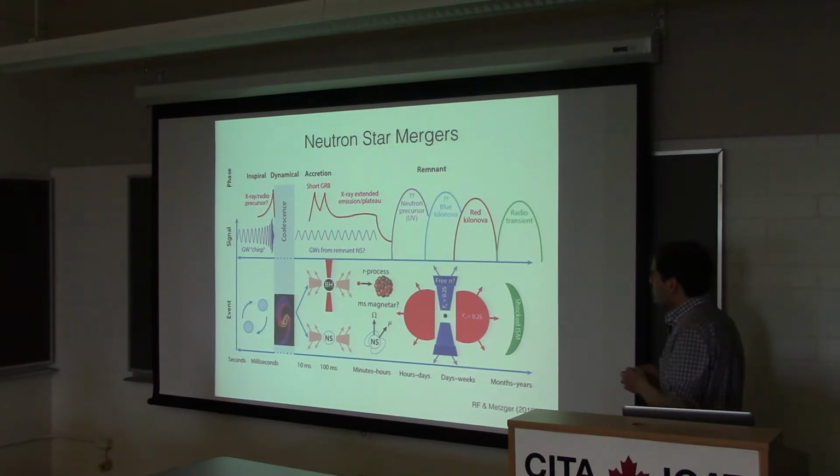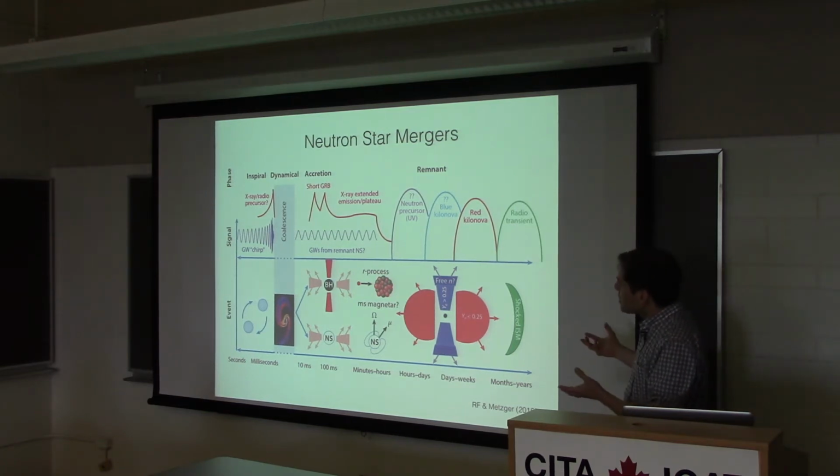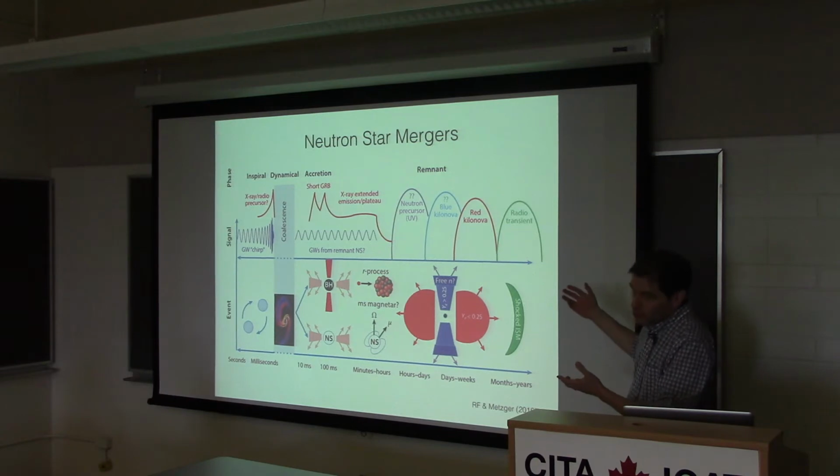And so neutron star mergers emit electromagnetic radiation over a broad range of timescales and wavelengths, okay?